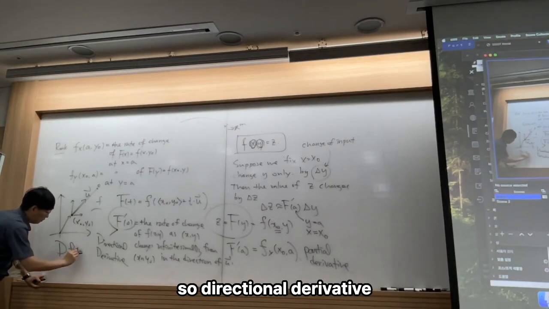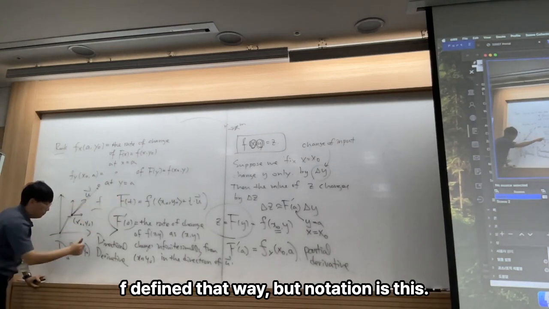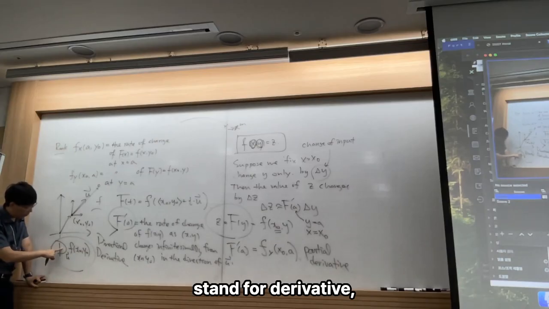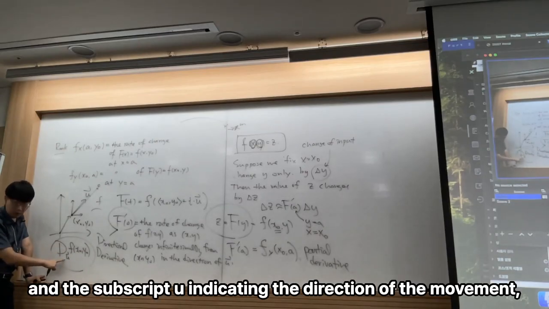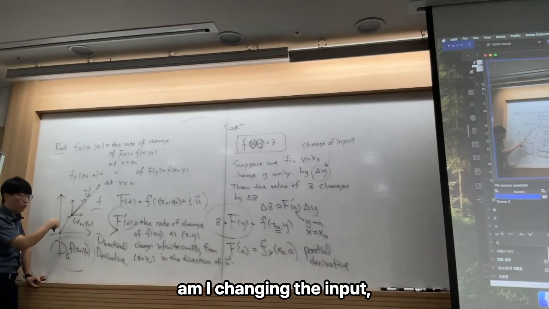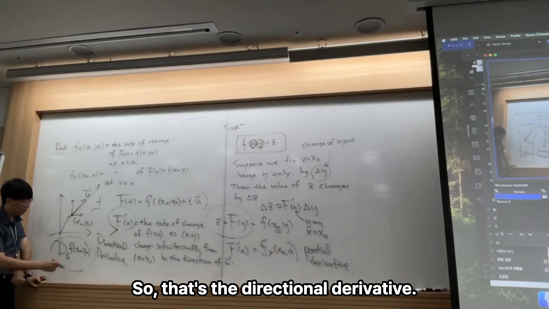So the directional derivative is defined this way using the function f defined that way, but the notation is this. We have a capital D, standing for derivative, and the subscript u indicating the direction of the movement, and the point indicating at which point I am changing the input, and the function symbol here. So that's the directional derivative.